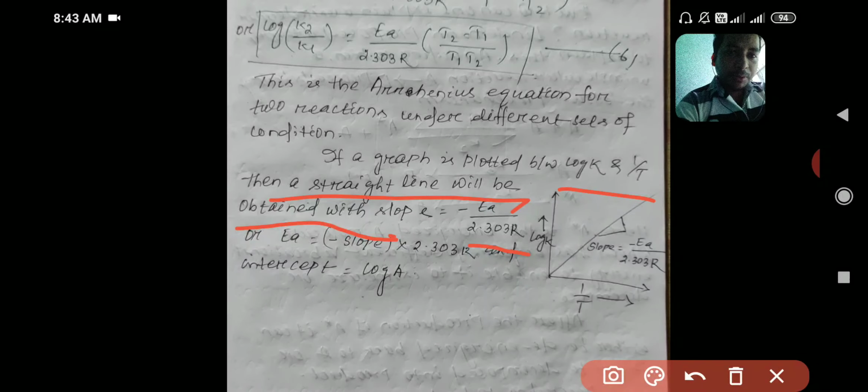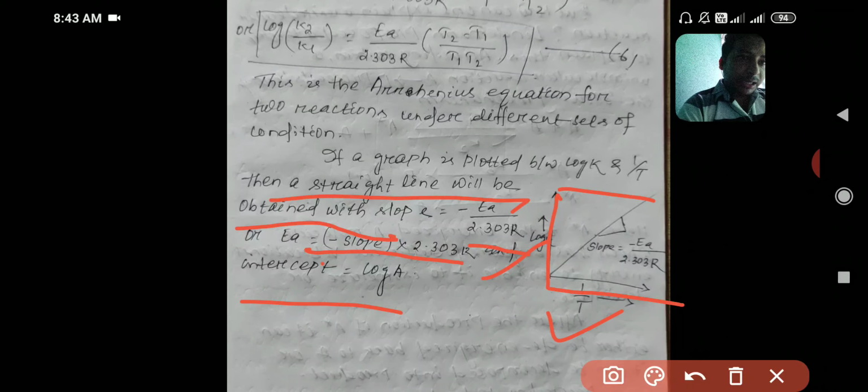So Ea will be minus slope into 2.303 R, and the intercept is log A. If we take log k along the y axis and 1 by T along the x axis, then a straight line will be obtained whose slope will be minus Ea by 2.303 R.